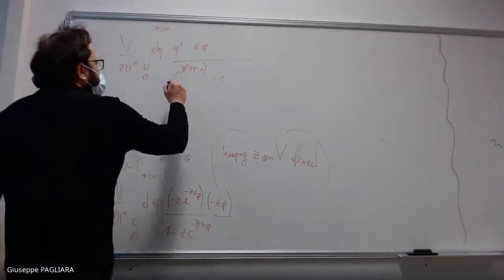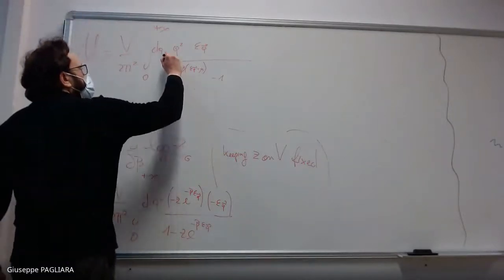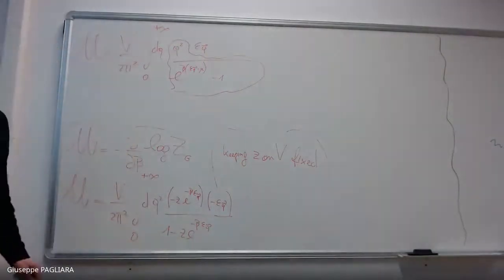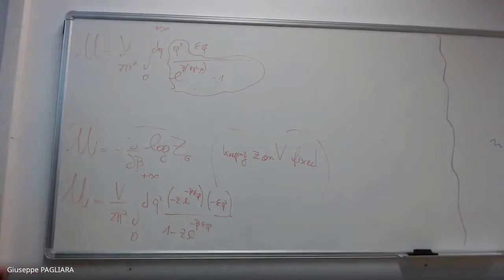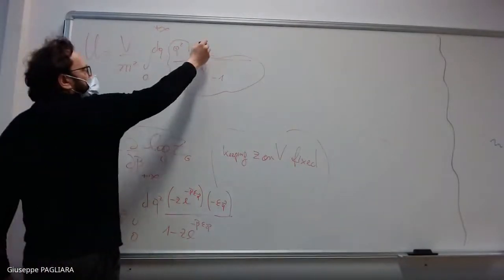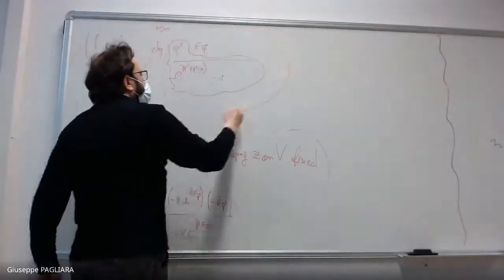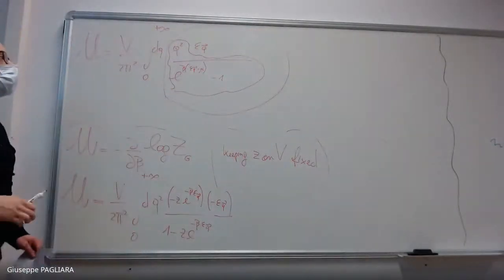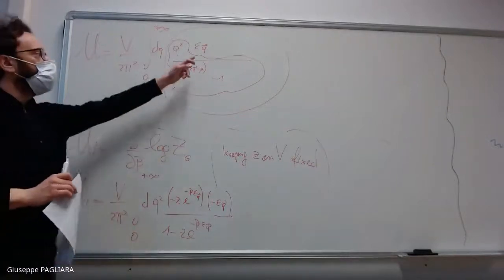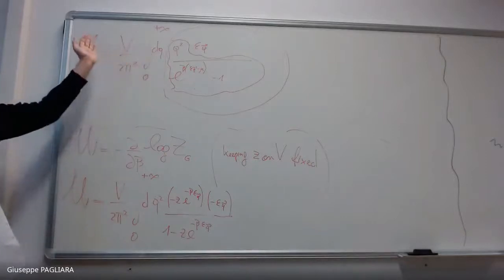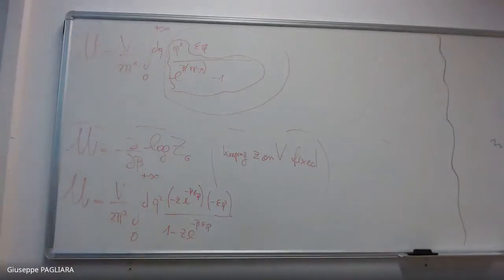Okay, where the interpretation now is very clear in the sense that this guy here was present also in the calculation of the number density. Then I multiply by the epsilon q. So this is, if you want, the probability, the occupation number of a certain state q multiplied by the energy of the state, and I'm summing over q, which is a reasonable formula for the internal energy.